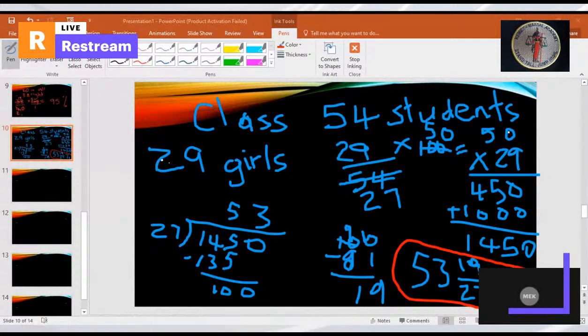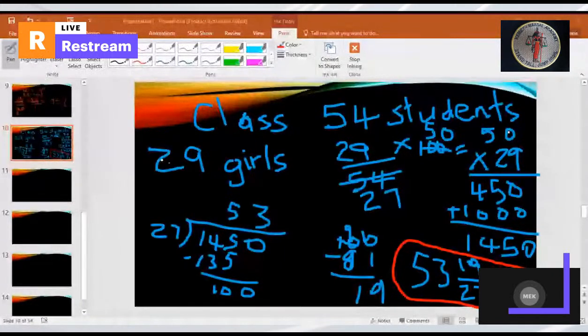So if we ask then what percentage of the class would be boys, there are two ways we could work that. We could say, all right, let's take the 29 from the 54, and that gives us what, 25? And we can put the 25 over the 54 times 100. We could do that.